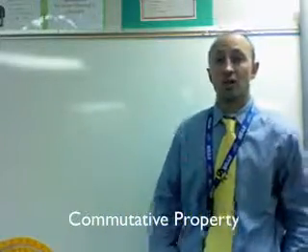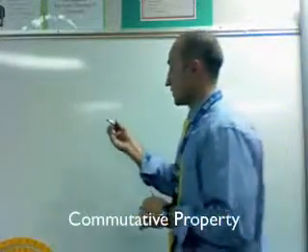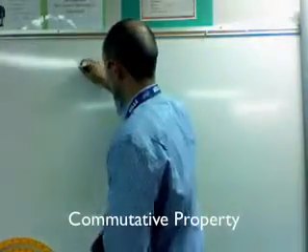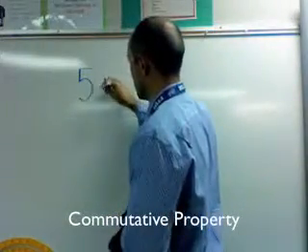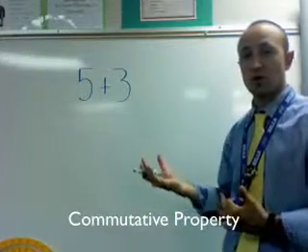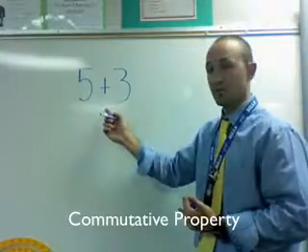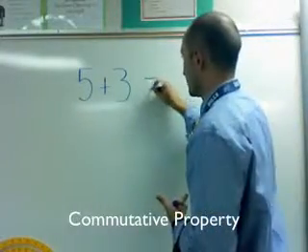So let's have a look at an example of the commutative property. Let's say, for example, I have the problem 5 plus 3. I could switch the places of the numbers and still come up with the same answer. We know that 5 plus 3 is 8.